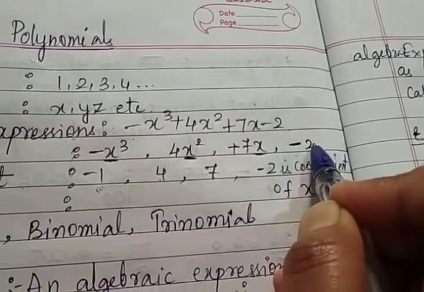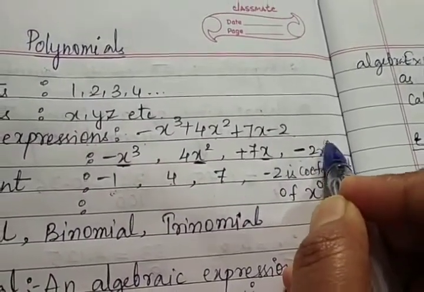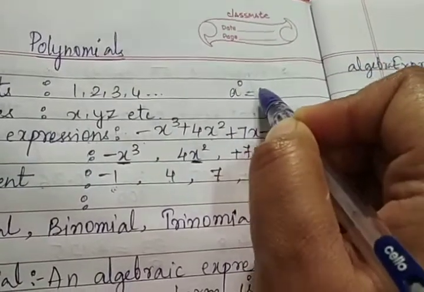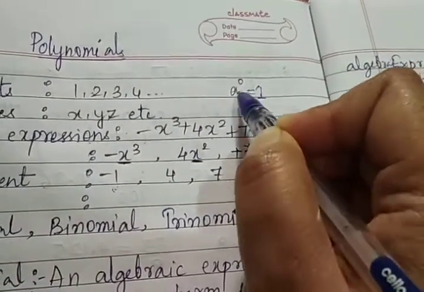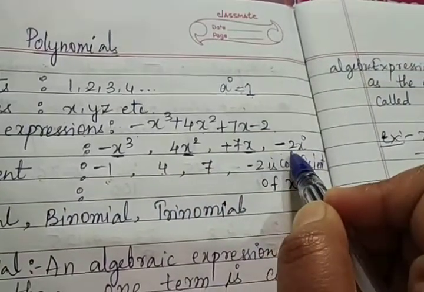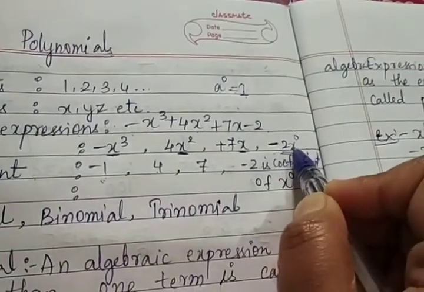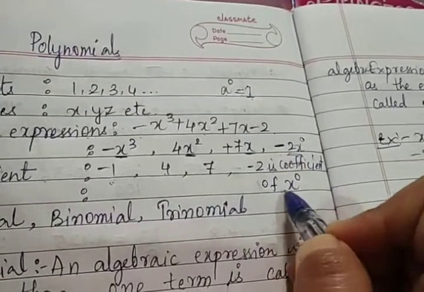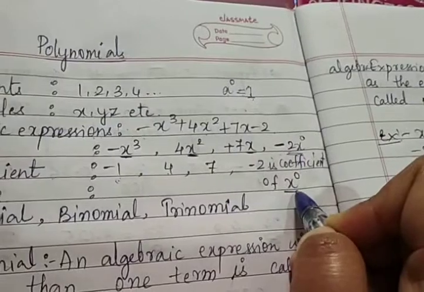That means it can be x raised to 0, because we have studied in exponents and powers the law of exponent, a raised to 0 is equal to 1. So when there is a constant at the end, that means there is a variable with power 0. So -2 is the coefficient of x raised to 0.